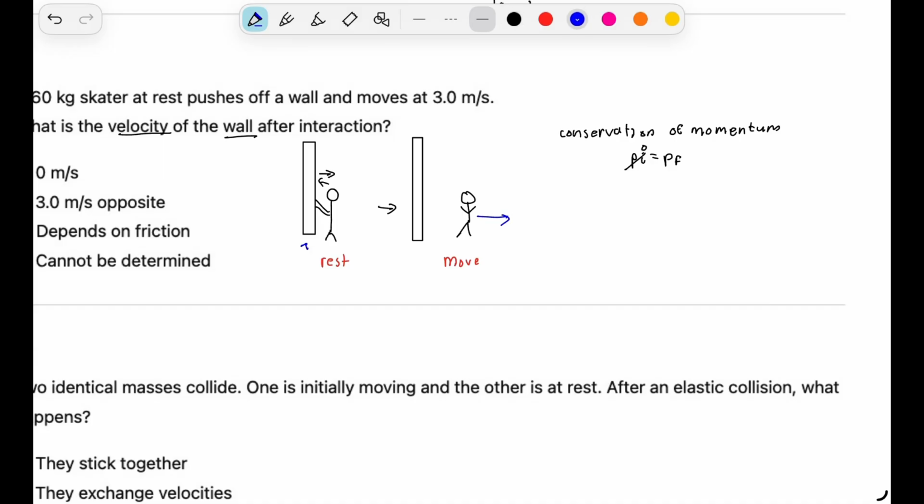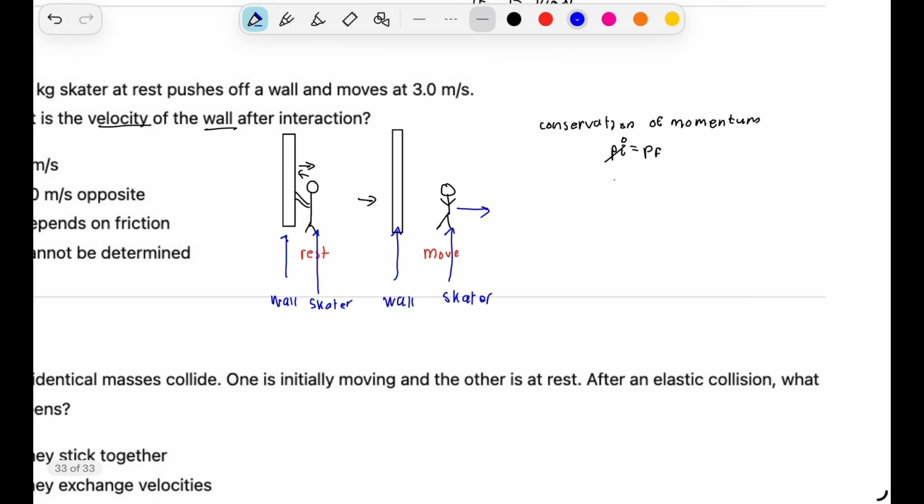In the system, we have the wall, and we also have the skater. We already know that in the beginning there is no momentum, but in the end there is going to be momentum, and we have to do the momentum for each of the objects. Momentum is equal to mass times velocity, so you write that out for each.